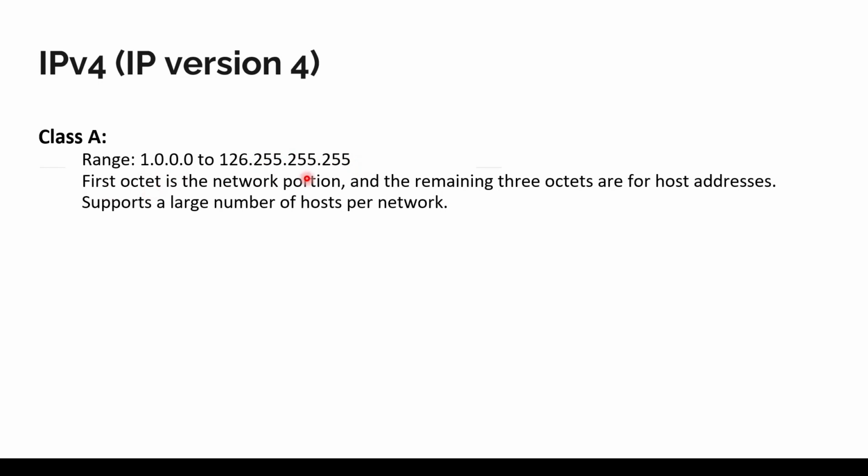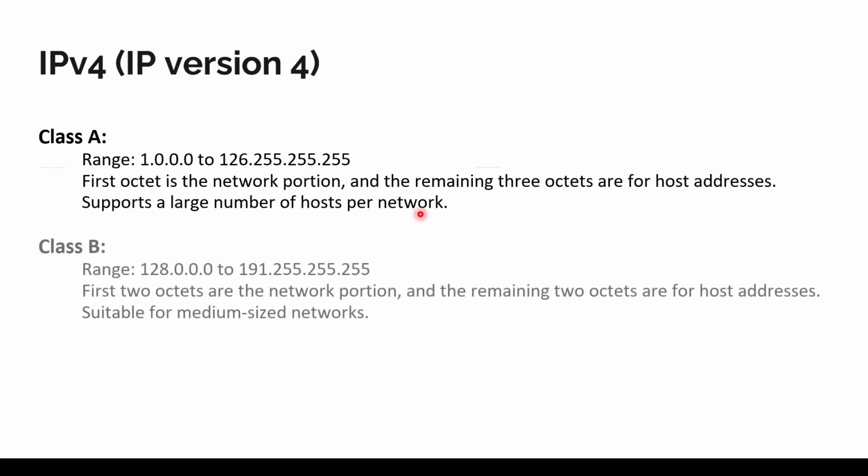That means the first 8 bits are reserved for the network, while the remaining 3 octets are reserved for the host addresses. And what this means is that it supports a large number of hosts per network. Also, we have a class B IP that ranges from 128 to 191. So in this particular class, the first 2 octets are the network portion, and the remaining 2 octets are reserved for the host addresses. Then this is suitable for medium-sized networks.